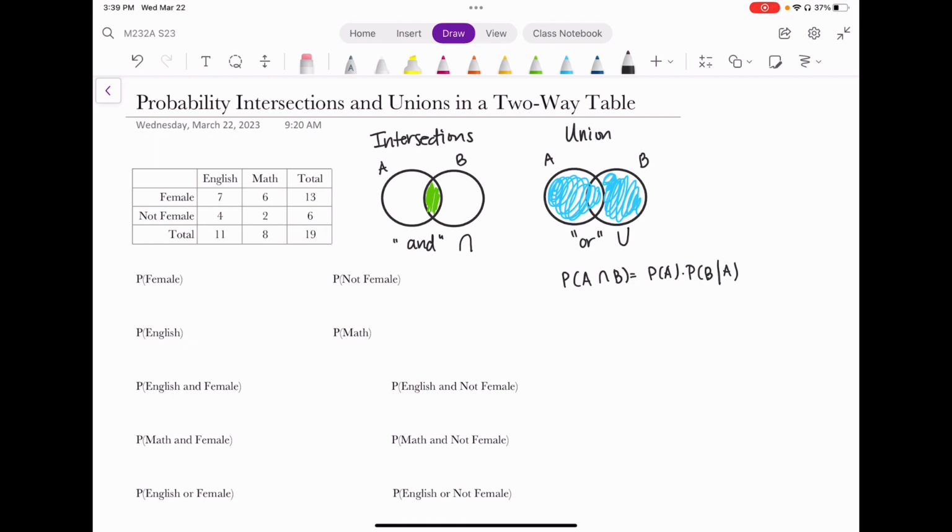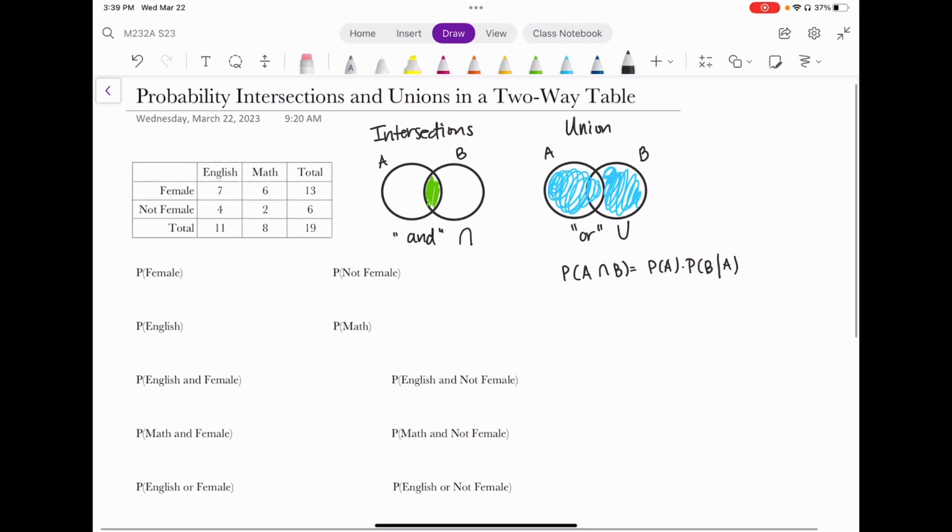If you have independent events, it winds up just being the probability of A times the probability of B. For or, we have the probability of A or B. You take the probability of A and add the probability of B, but you have to take away anything that A and B share. Again, if these are disjoint or mutually exclusive events that can't happen at the same time, that winds up being just the sum of A and B.